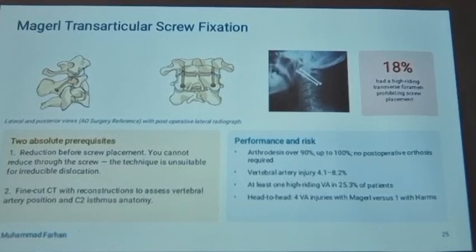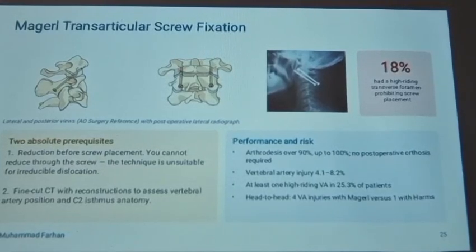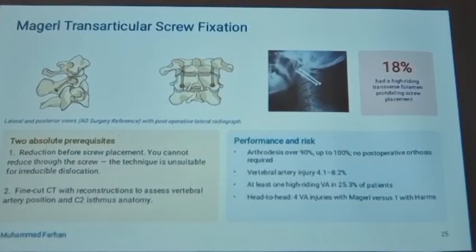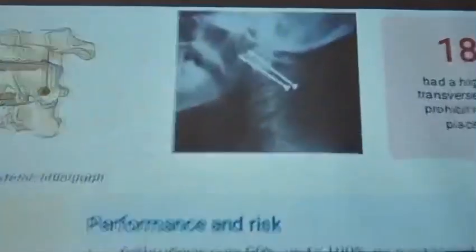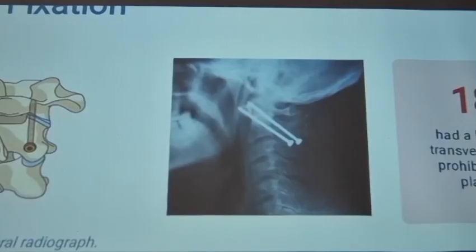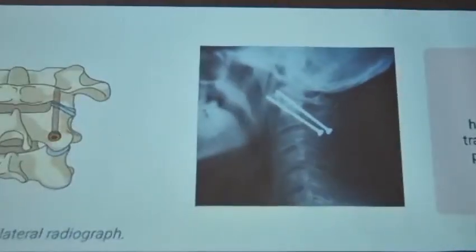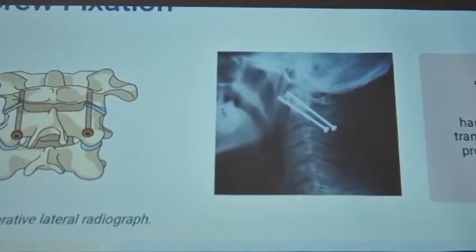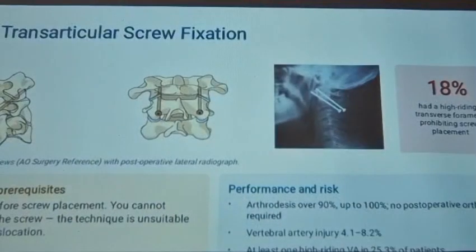So, fine cut CT should be done to assess the vertebral artery position, and then go for the surgery. We can see the post-op X-rays after this Magerl transarticular screw fixation, and usually the ends of these screws are placed in the anterior arch of C1.